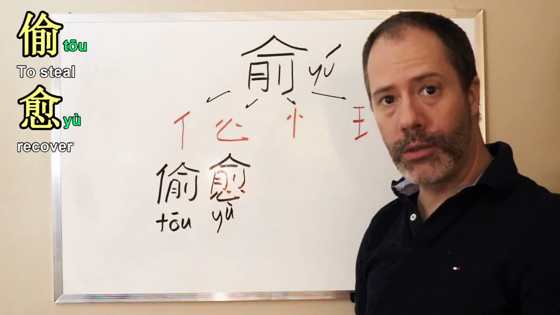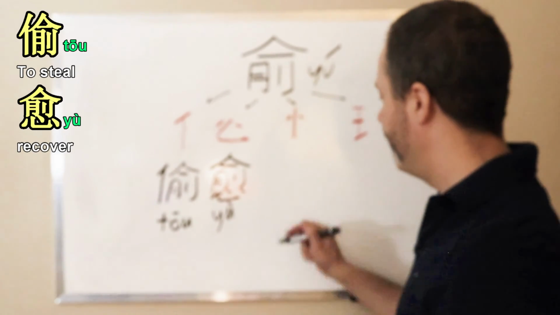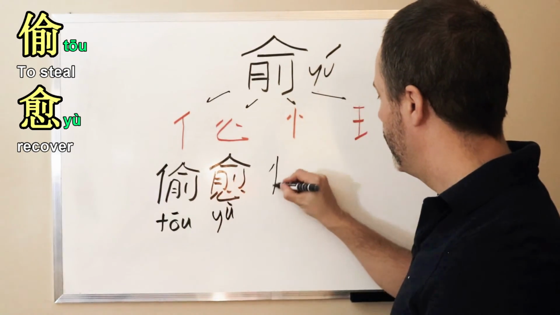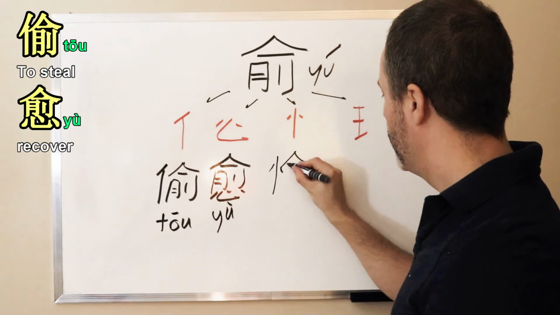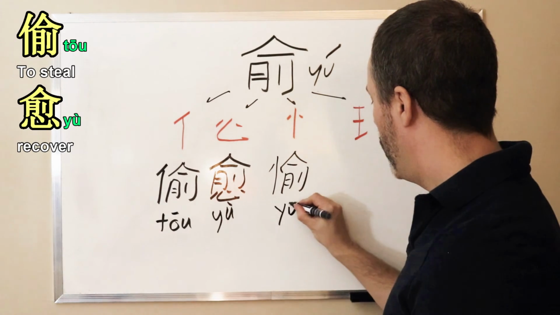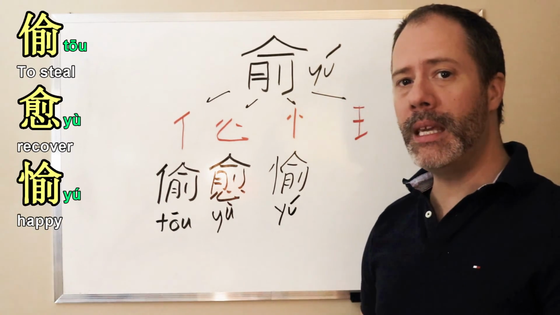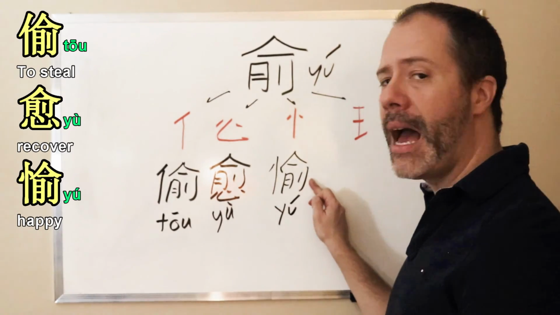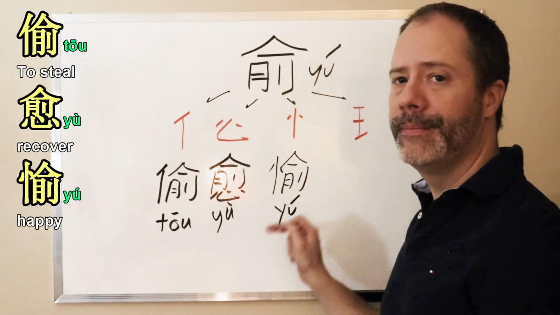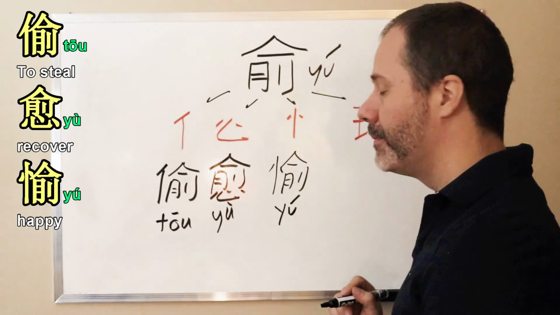Now, the next one. We added the heart at the bottom. What happens if we add the heart on the left? It becomes yu, second tone again, and it means, you know what? Happy. Happiness. That's great. Now the last one.